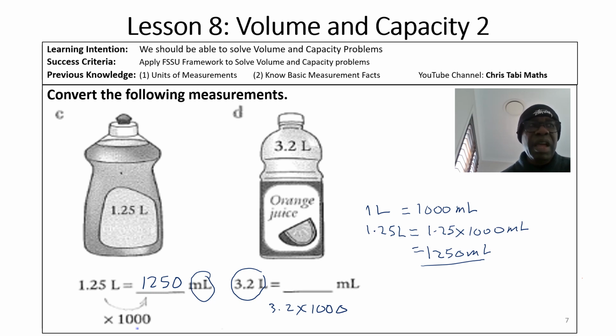So if I have a dollar, I multiply by 1 by 100 to get 100 cents. If I have $2, I multiply by 100 to get 200 cents. So 3.2 liters multiplied by 1000, and that gives you 3,200 milliliters. You just move the decimal point 3 places to the right. You don't need a calculator for that. Cheers.